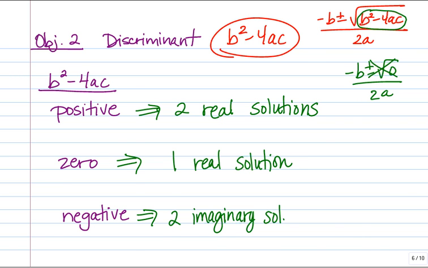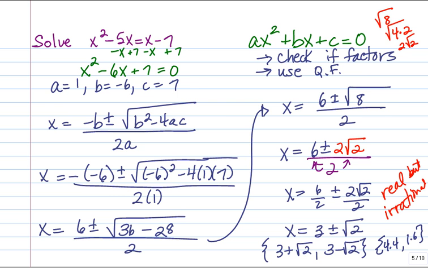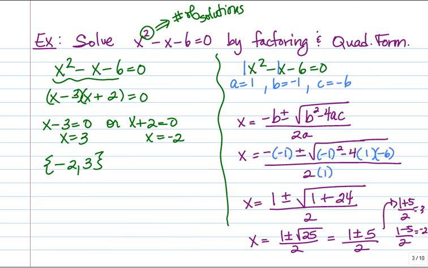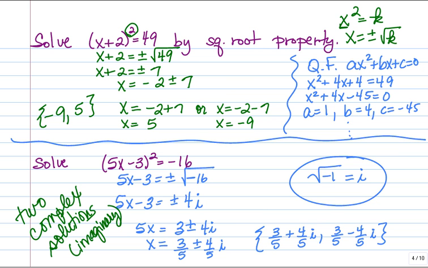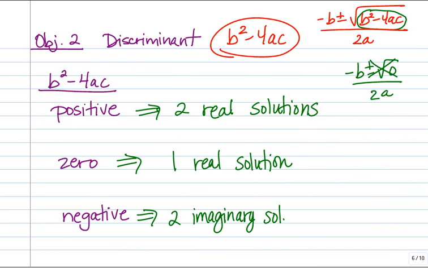Now we can back up for just a moment and let me show you something here. Remember the very first equation I worked? We could solve it by factoring. I also solved it by the quadratic formula. What was the discriminant when I used the quadratic formula? Yeah, it was 25. What type of number is 25? It's positive, but what else is it? Yeah, it is a perfect square.